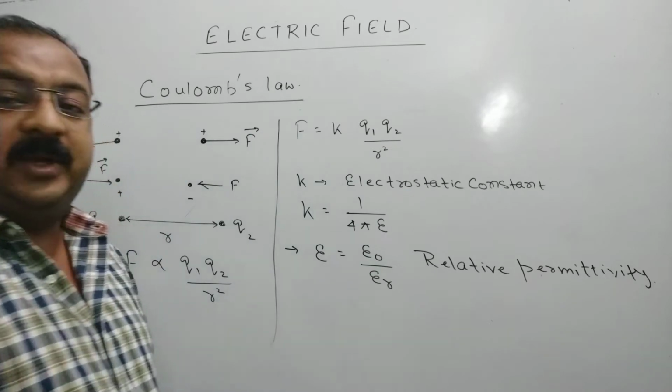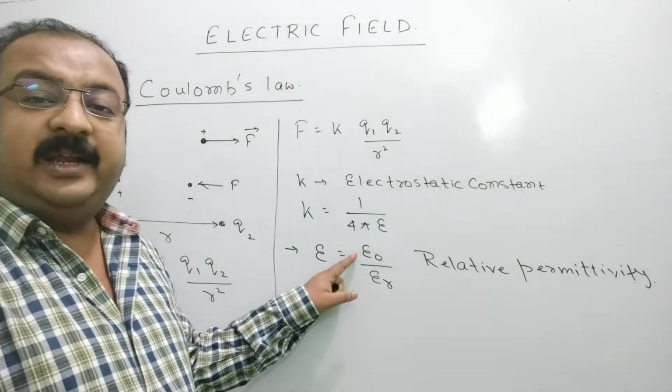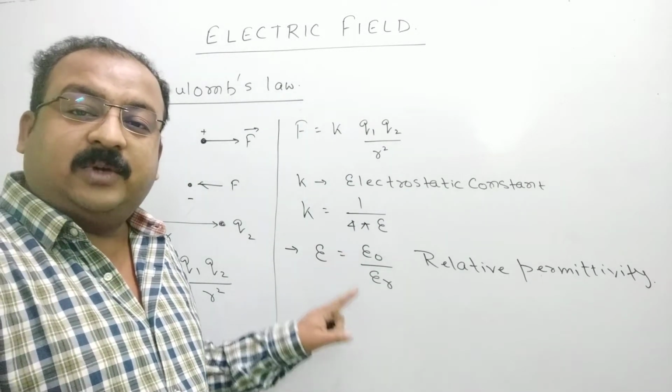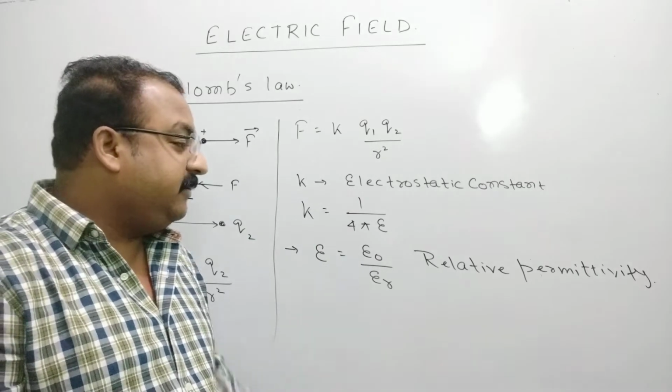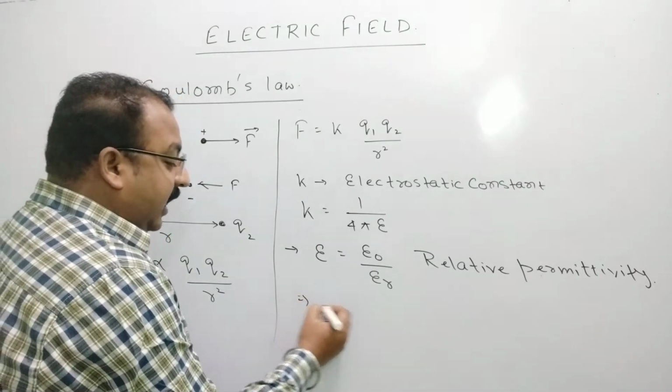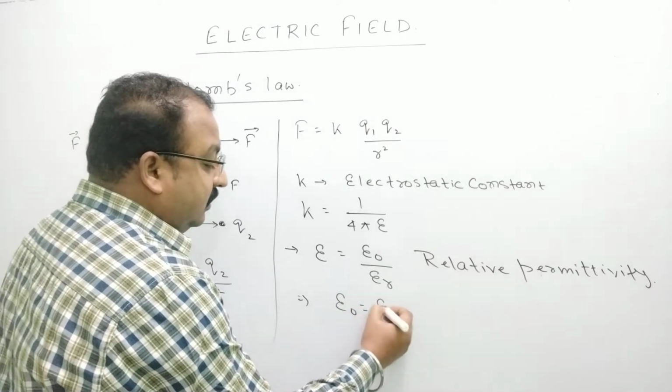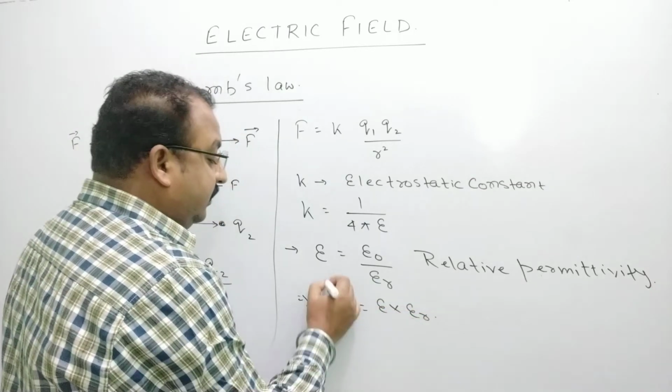Relative permittivity is because it is the permittivity of a free space to a given medium. That is what we say relative permittivity, and we write that as epsilon r.